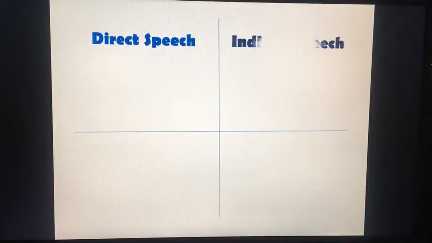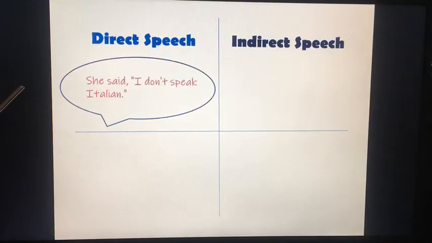Let us see the differences between the two. Look at the examples I'll be showing you. Okay, this is an example of a direct speech. She said, "I don't speak Italian." Notice how it's written. She said, and now the actual words of the speaker. But before writing the actual words of the speaker, it is preceded by a comma.